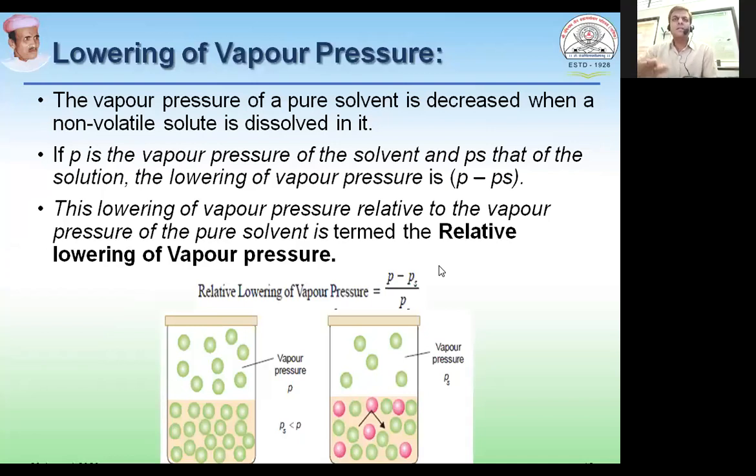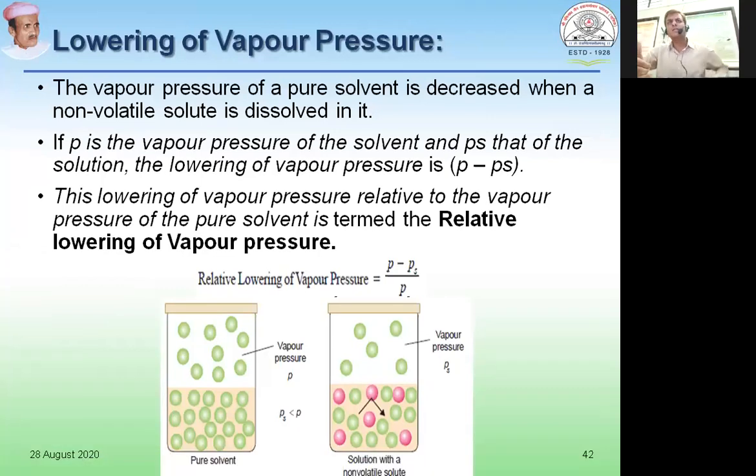So this leads to lowering of vapor pressure, because in pure solvent all molecules are free, they can move as per their wish, but their movement is being restricted on addition of non-volatile solute into the pure solvent to get the solution, and this leads to lowering of vapor pressure.